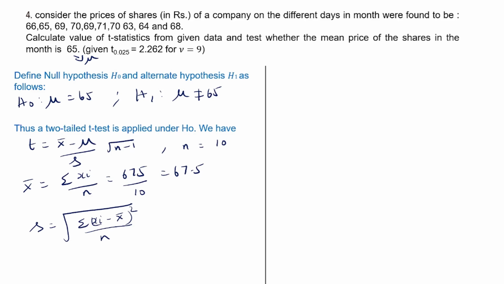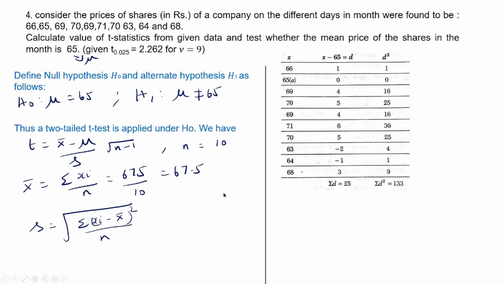So what we can do is use the assumed mean. These are the observations given in the question, and let us take the assumed mean as 65. So we get d is equal to x minus 65. Let us subtract 65 from each of the values of x, and after that square those values to obtain d square.